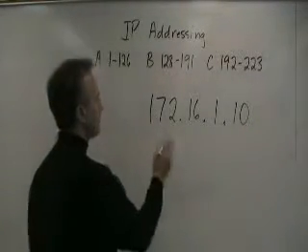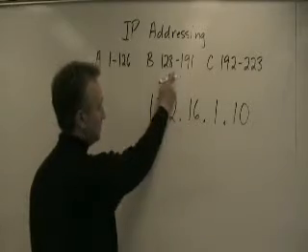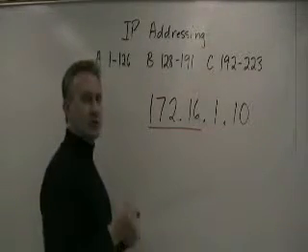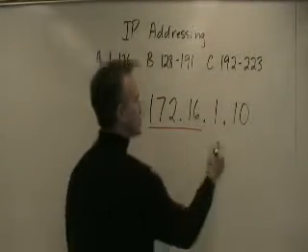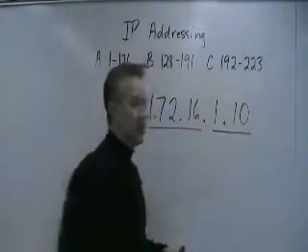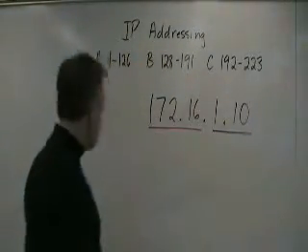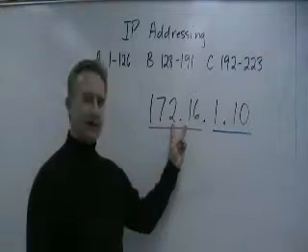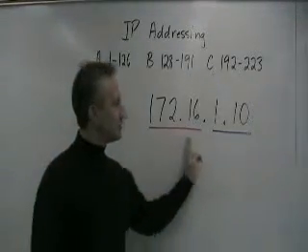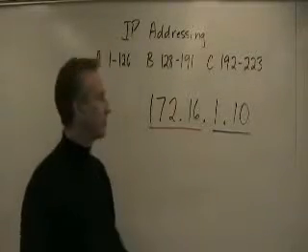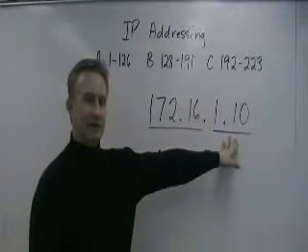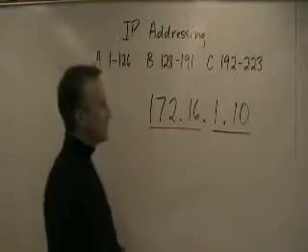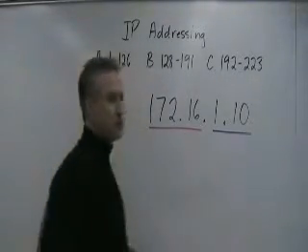So for example, for this Class B address, the first 2 numbers make up the network portion, and the last 2 numbers make up the host portion. What we mean by that is, these 2 numbers identify the particular network that this IP address exists in. The last 2 numbers identify a particular host within this network. And so it's important to see that structure.